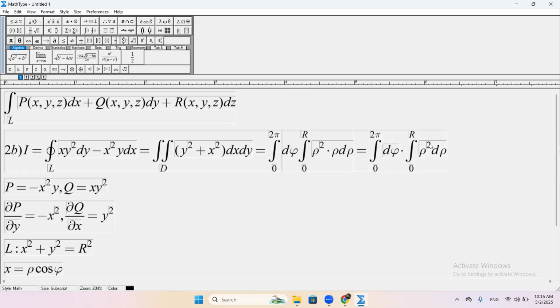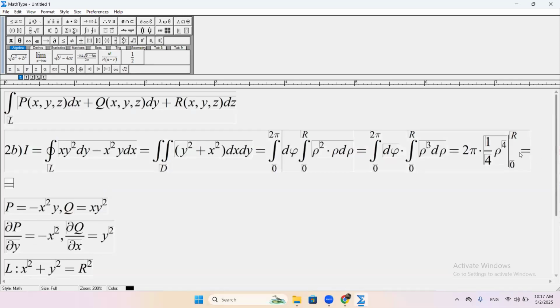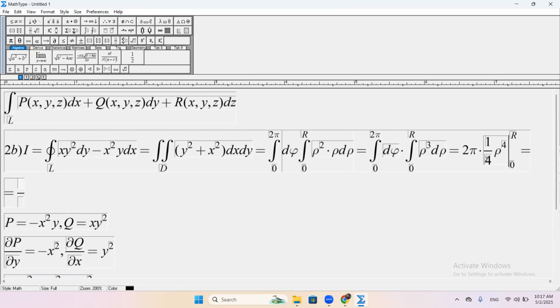So r cube here. And now let's integrate. This integral will be equal to p. And this integral 1/4 r in power of 4 with substitutions from 0 to r. So the final answer will be p/2 r in power of 4.